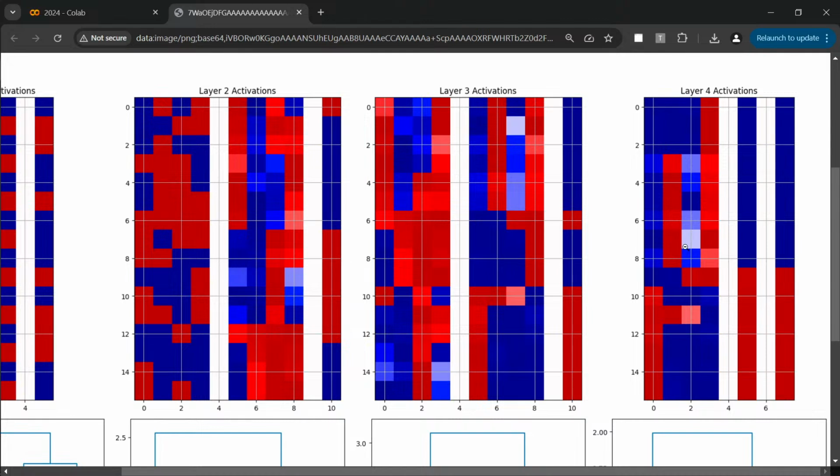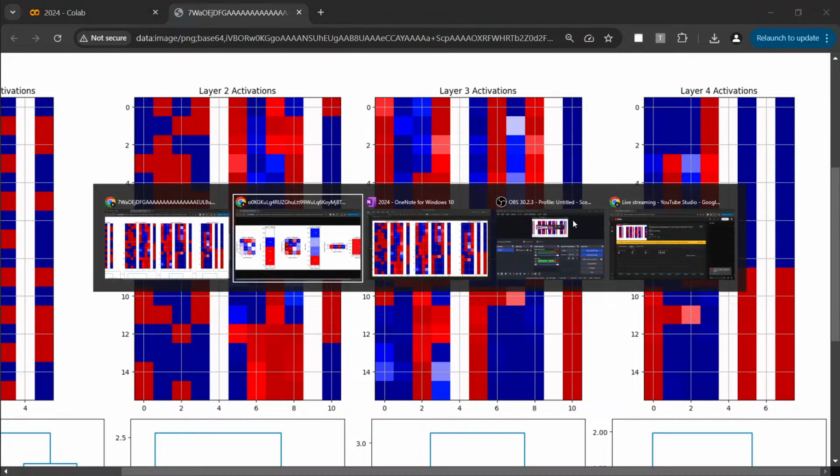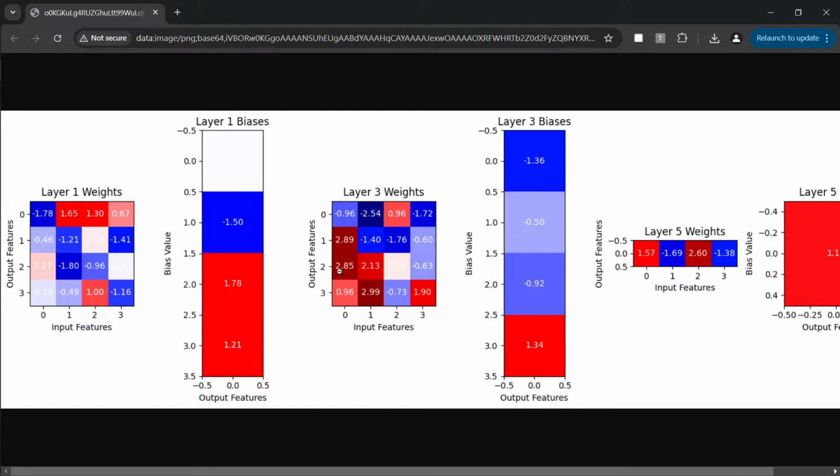So let's talk about this blue column. If you just look at this column, it's basically saying I'm blue everywhere, except for these two red points. In particular, this red corresponds to the exception, right? So it's doing some error correction. And if we look at the weights for the third column, it has two big reds and then a blue.